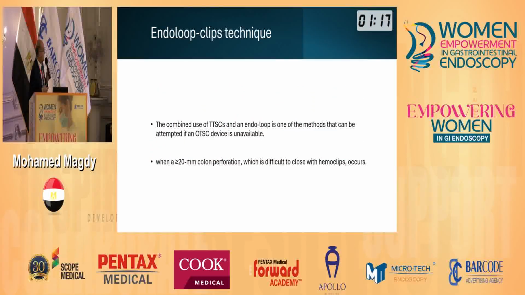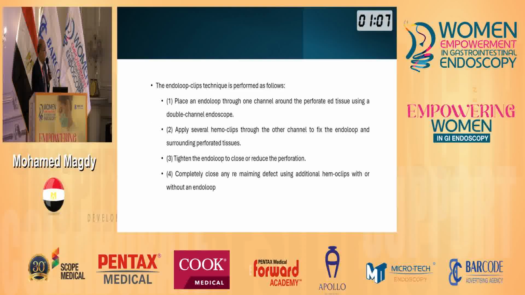Another method is the endoloop. When we have a large perforation and we have no over-the-scope clips, we can use the normal clips with an endoloop. How can we do that? We put the endoloop over the edges of the perforation, then fix it with the clips 1, 2, 3, to have the loop and the clips over the perforation edge, then tighten the endoloop.